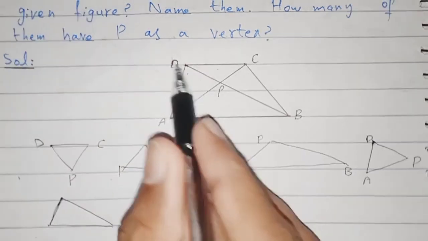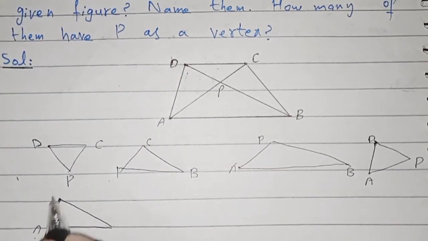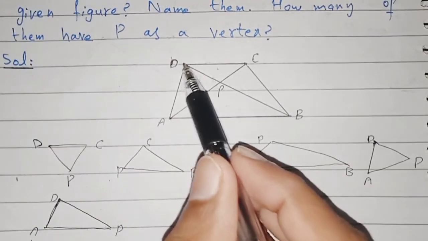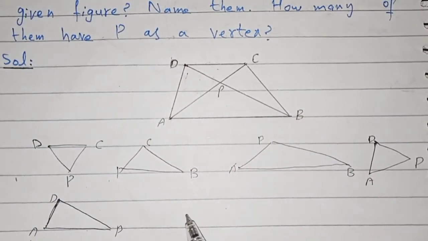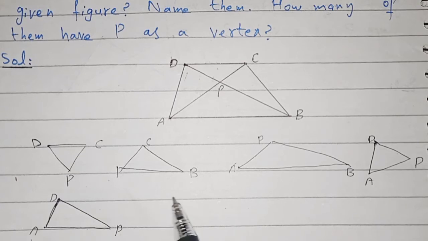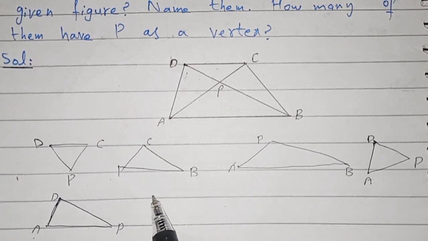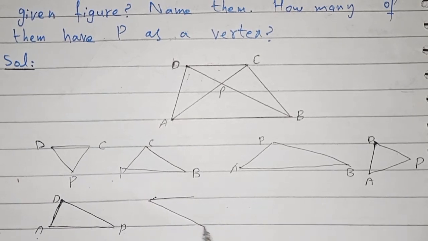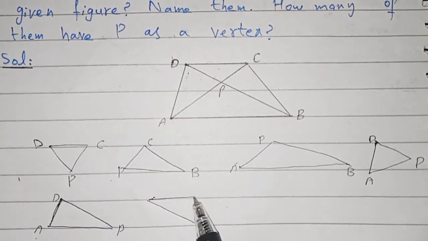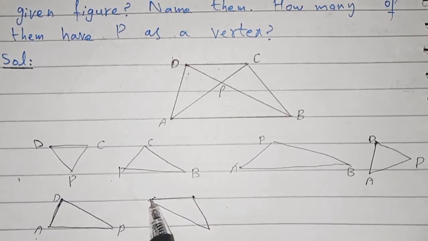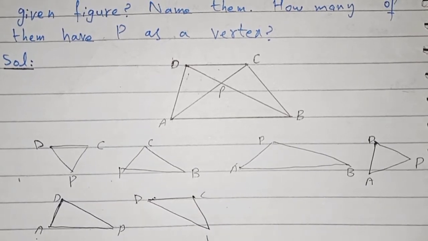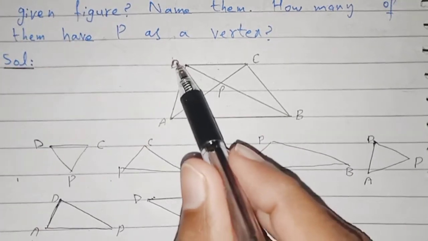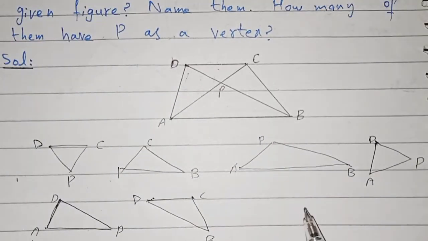This is ADP, A, D and P. Next one is DCB, like this, DC and B. And next triangle is DAC.